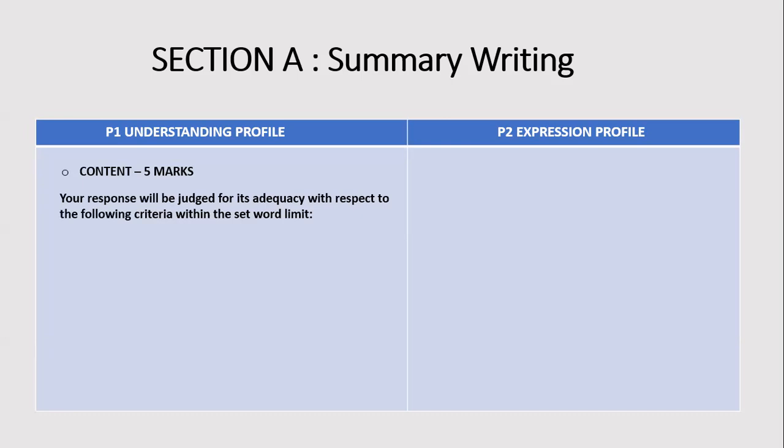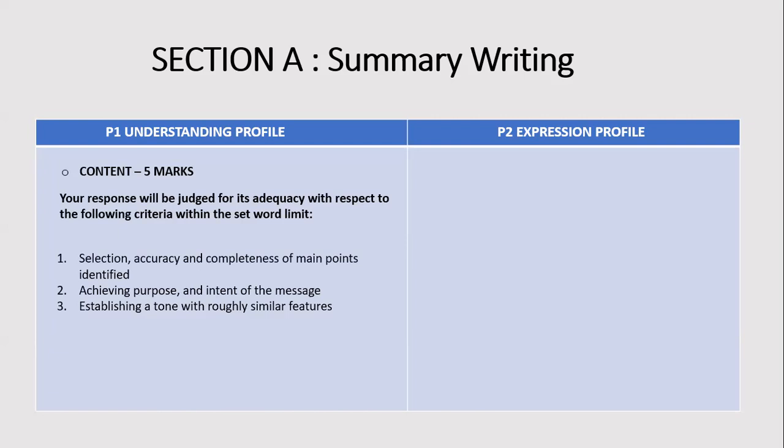So your response will be judged for its adequacy with respect to the following criteria within the set word limit. So we know that the word limit is 120. Anything after 120 will not be marked. Okay, so selection and accuracy and completions of main points identified.